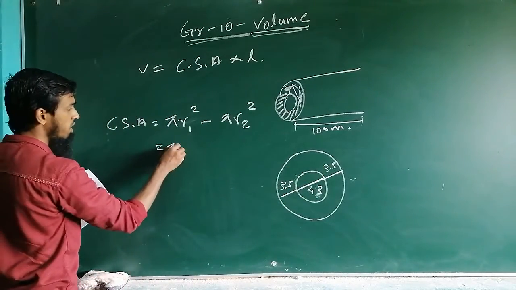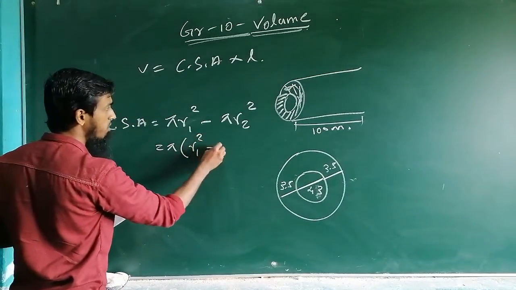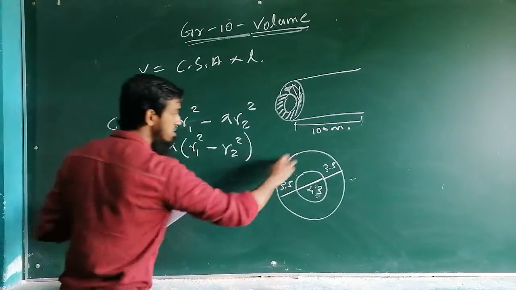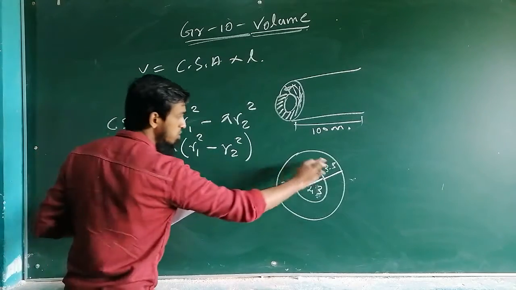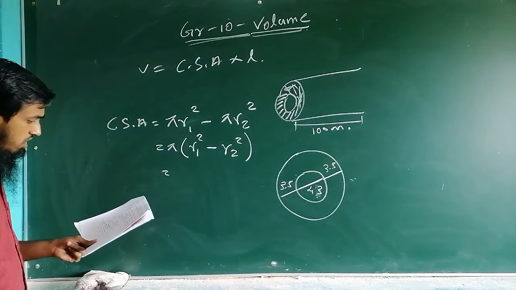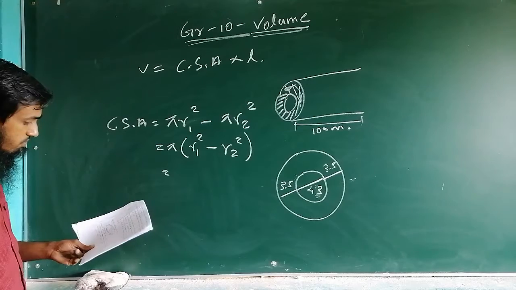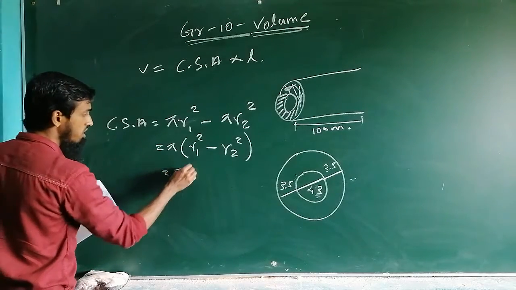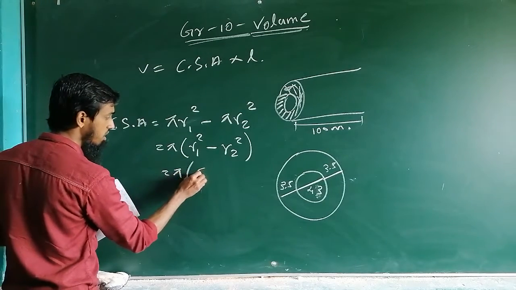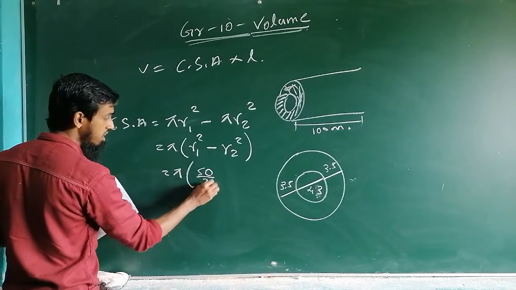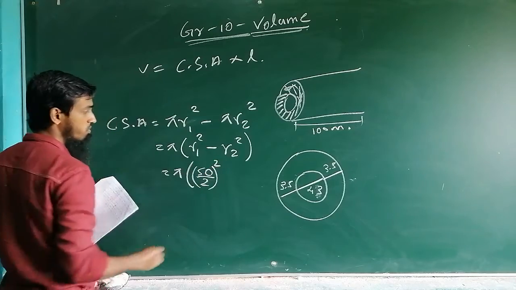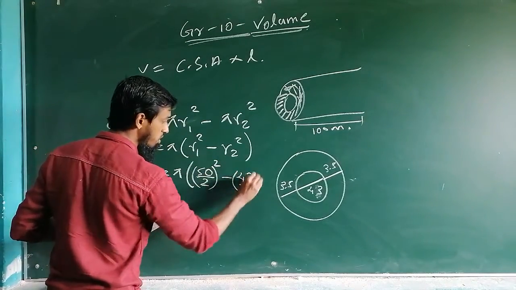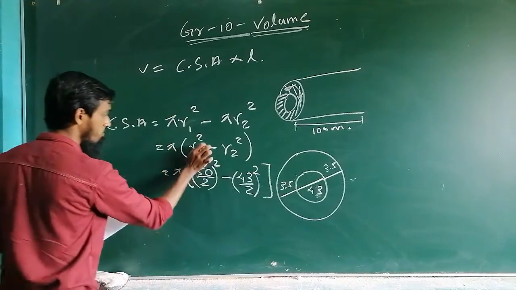The pi is common, so r1 squared minus r2 squared. r1 is the larger circle, r2 is the smaller circle. The diameters are given, 43 and 50. So pi, if you substitute the diameter, the larger circle is 50 over 2 all squared. The smaller circle is 43 over 2 because the diameter is 43.